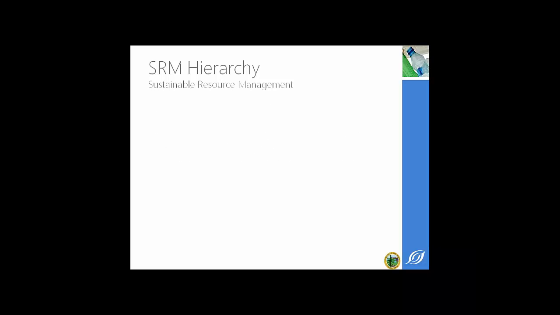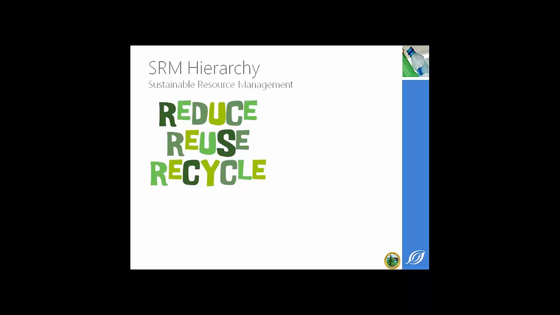Okay, so the SRM hierarchy. We talked about SRM as sustainable resource management. But when we talk about terms, I want to first bring up three terms that we pretty much all know and use: reduce, reuse, recycle. And those are part of our SRM system. This phrase was coined back on Earth Day in 1970, and it's come to represent the cornerstone of our growing environmental movement: reduce, reuse, and recycle.